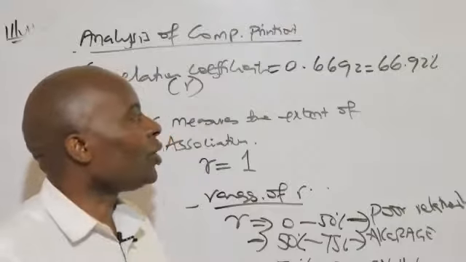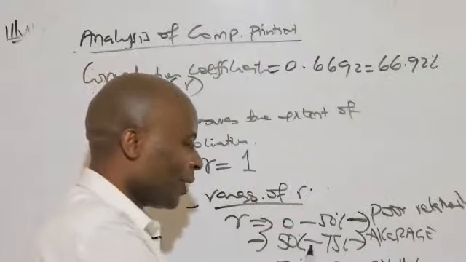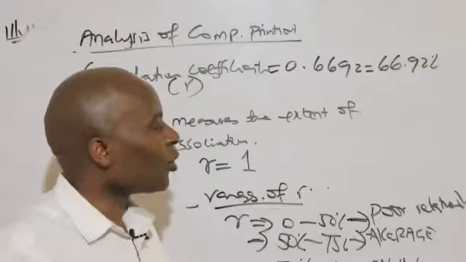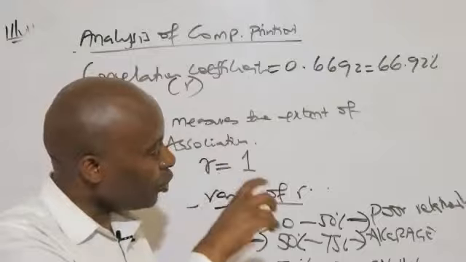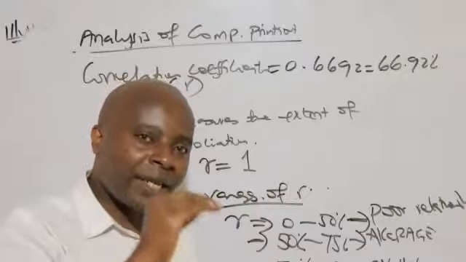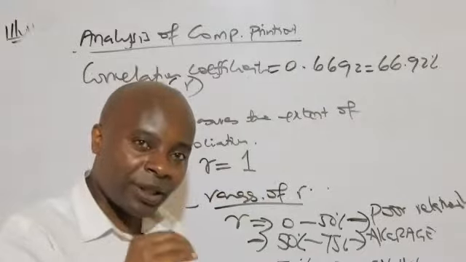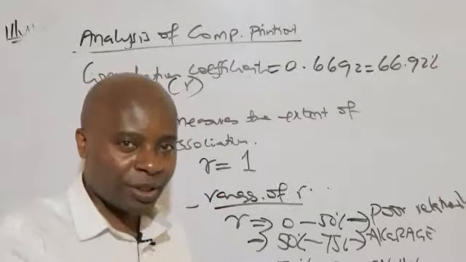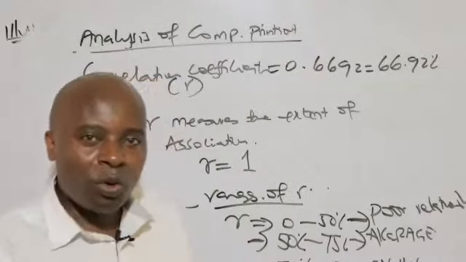So ladies and gentlemen, when you see here 66.92, where does it fall? It falls here. So what they are telling us is that 66.92%, which falls here, means that the variables of this model have an average association. It's a lukewarm relationship.